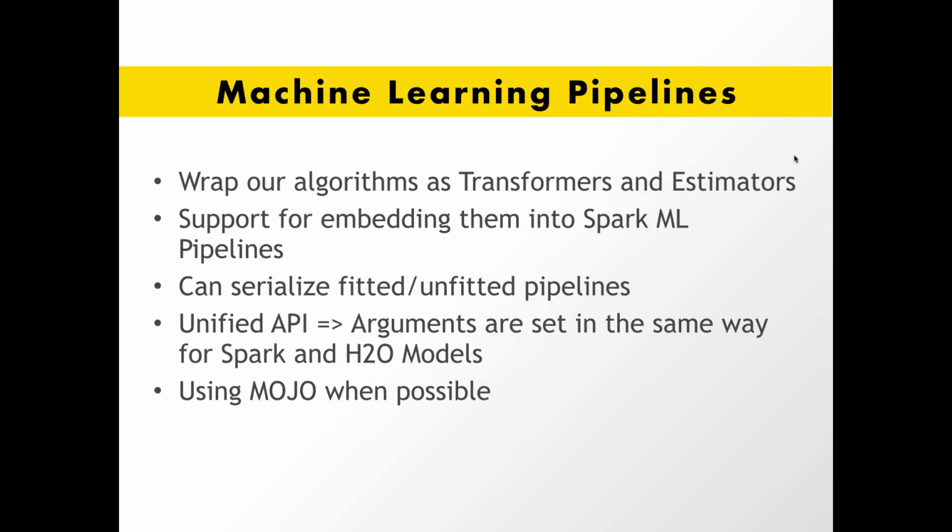So basically, if you use these pipelines, we don't use H2O binary models inside, but we use H2O Mojo models inside. So you can safely run predictions on these pipeline models without the H2O runtime available.